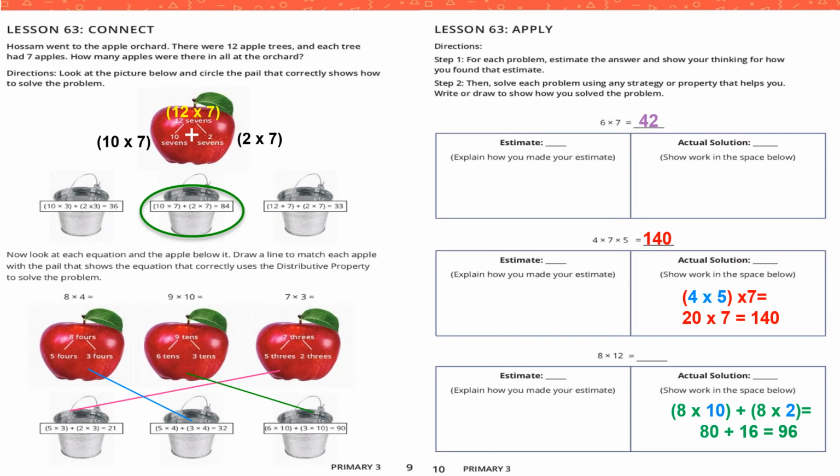Here I split 12 into 10 plus 2. 8 times 10, 80. 8 times 2, 16. So all of them equal. I will add ones with ones and tens with tens. 6 plus 0, 6. 1 plus 8, 9. You can also split this 12 into any different numbers. Maybe 6 plus 6, maybe 7 plus 5, as you want.